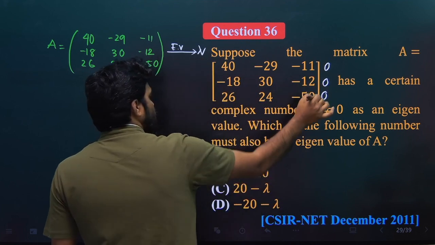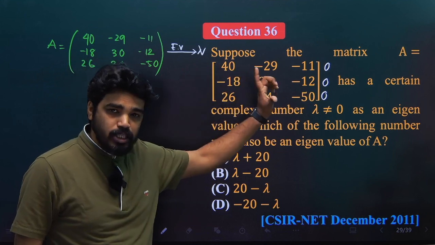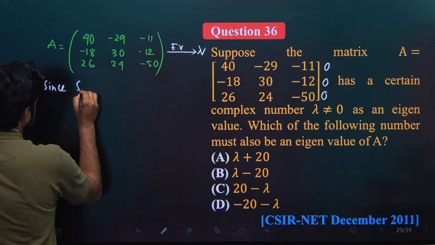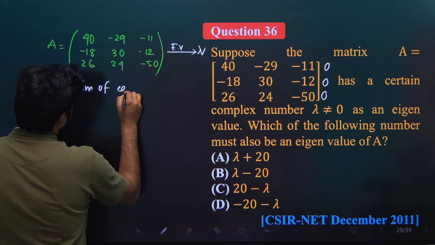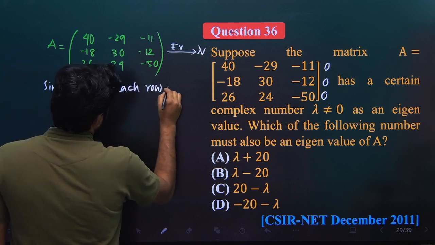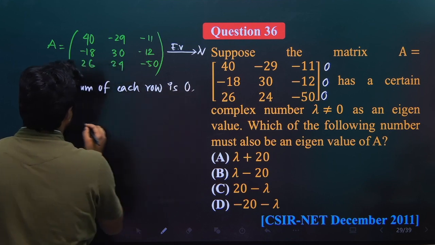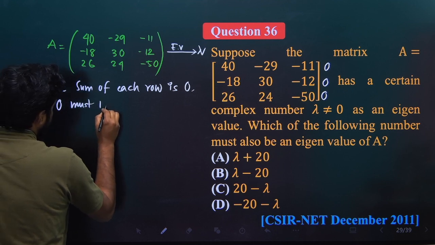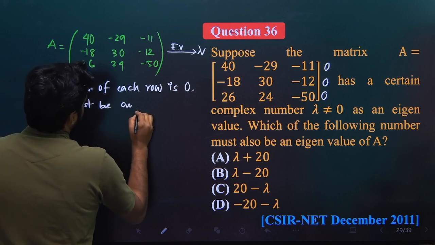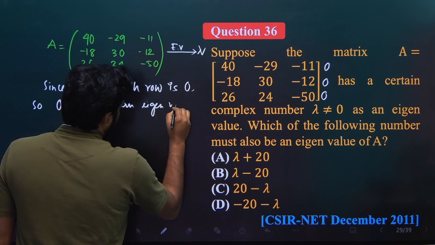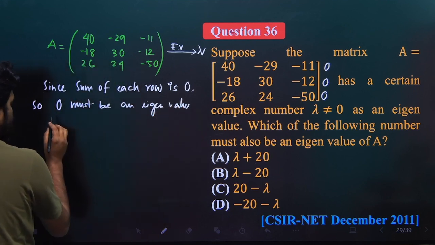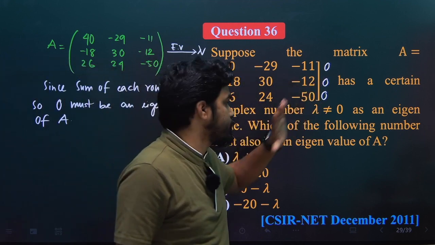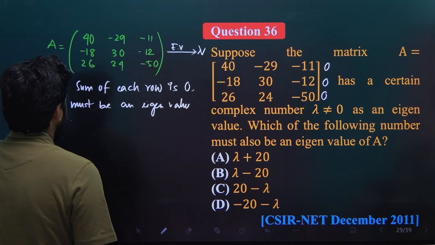The sum of each row is 0, so 0 must be an eigenvalue of the matrix A, right?